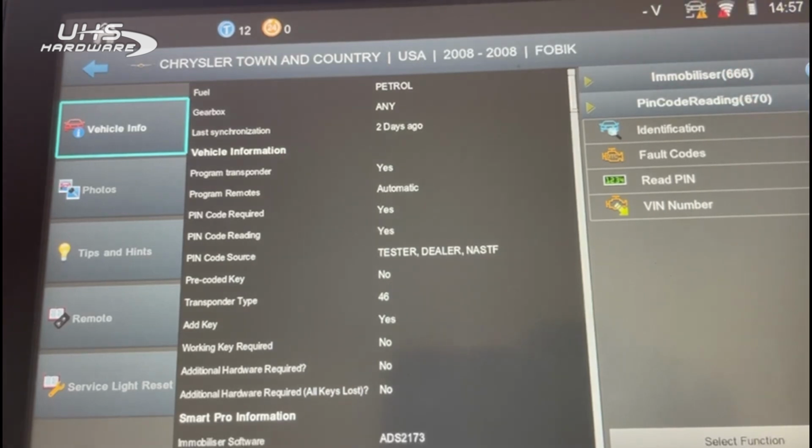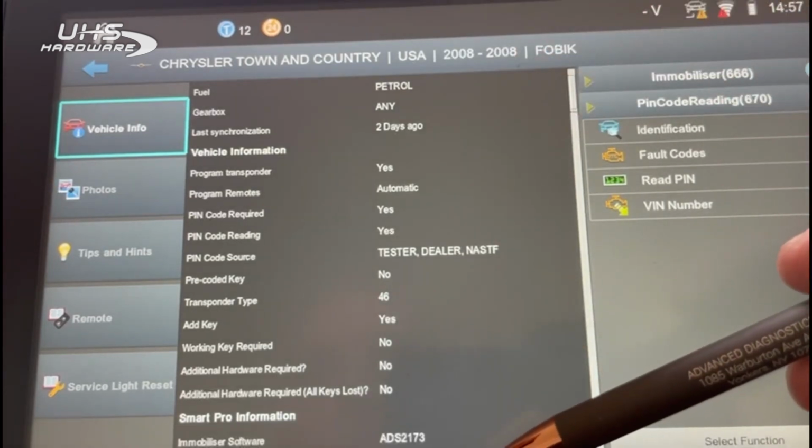Now, there is a term that you're going to hear quite often on the Chrysler vehicles, and it's going to be a big clue so that you can troubleshoot and know exactly what you're dealing with, and that is seed key error message. Very, very prevalent on these Chryslers. Let's say on this listing, this is a Fobic A system.